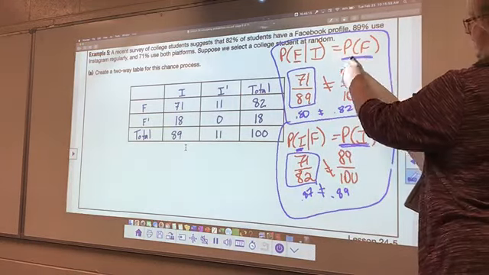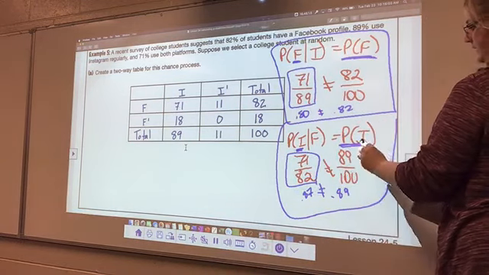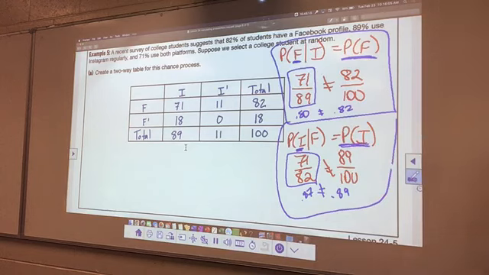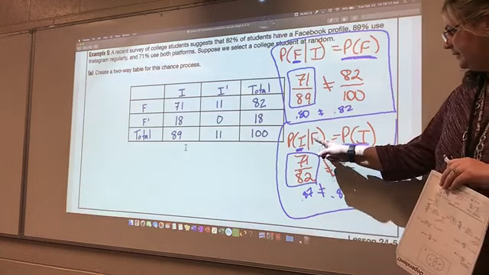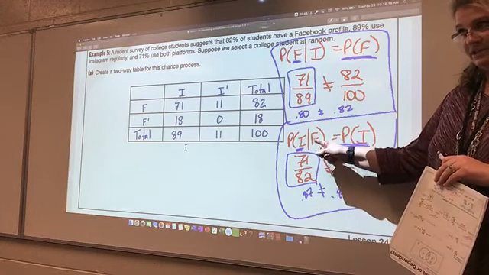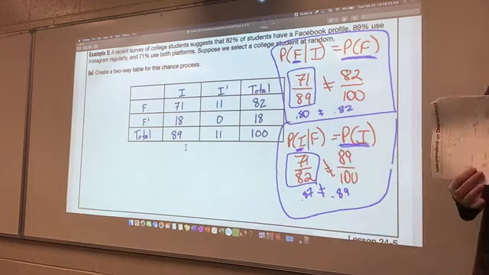But then they have to equal the individual event itself. Remember, this is a conditional thing. Given Facebook, because Facebook has already happened, that means it had no impact on that, which would make it independent, but they're not independent.